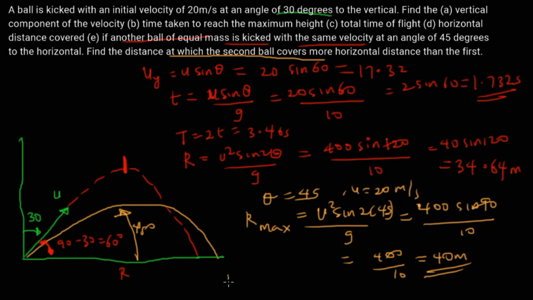So the range at 45 degrees minus the range at 60 degrees will be equal to 40 meters minus 34.64 meters, that's equal to 5.36 meters. So 5.36 meters is the distance at which the second ball covers more horizontal distance than the first.